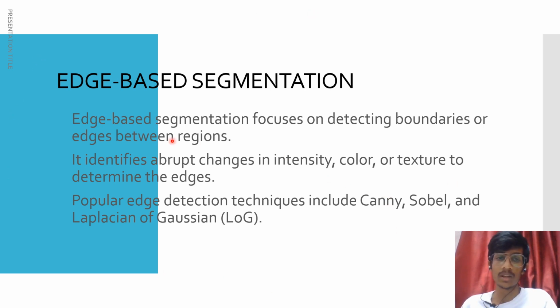If you want to segment an image like that, edge-based segmentation is used. It is one of the most popular approaches, with edge detection techniques including Canny, Sobel, and Laplacian. These are the techniques to detect an edge, and we'll be discussing them further.